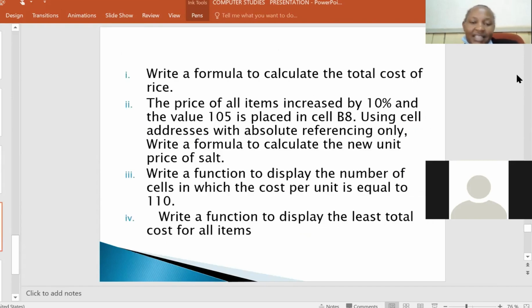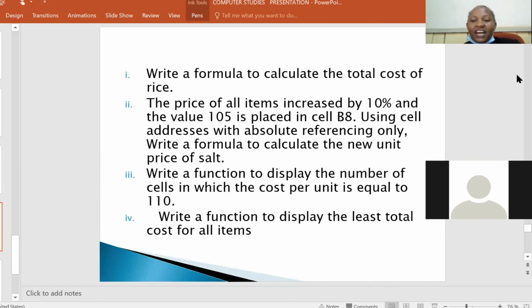Then there are other answers, let's say like the second question: the price of our items increased by 10%, and the value 10% is placed in cell B8 using cell addresses with absolute referencing only.